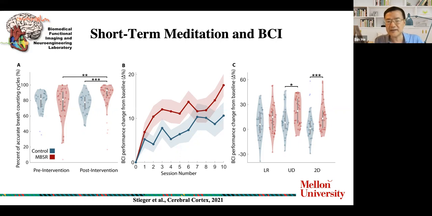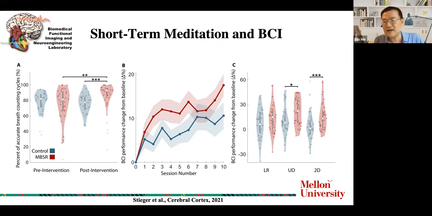The middle panel illustrates their BCI performance, group average along each of the training evaluation sessions, normalized to the baseline. You can see the pink color illustrates the meditation group, and light blue illustrates control. There is a consistent difference between the meditation group and the control group, even along the line of this learning.